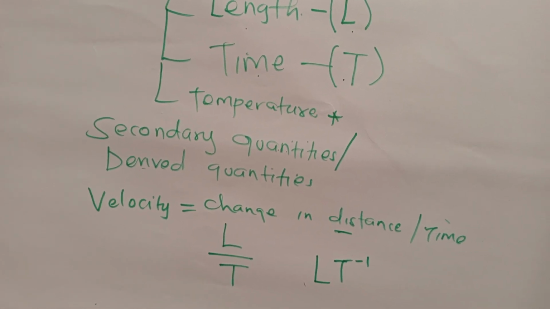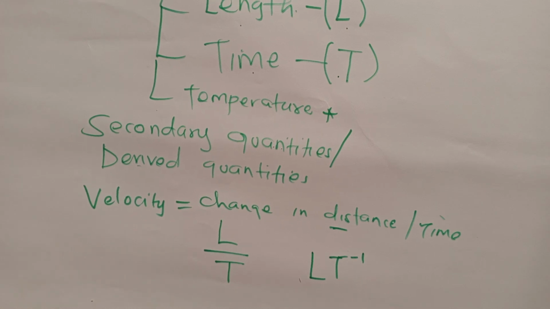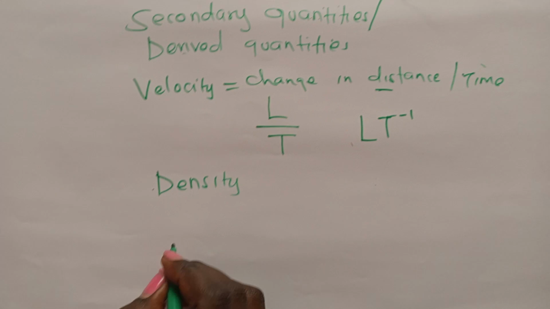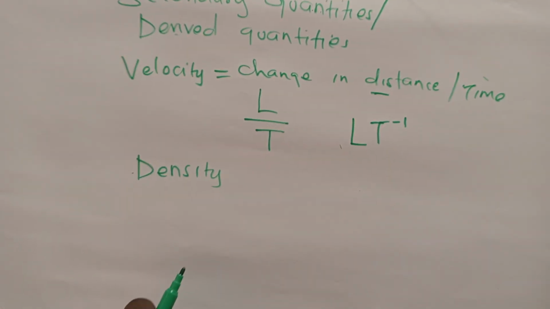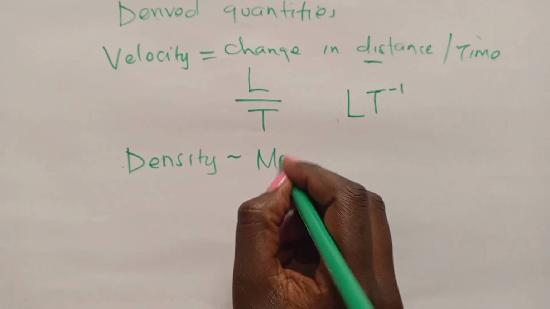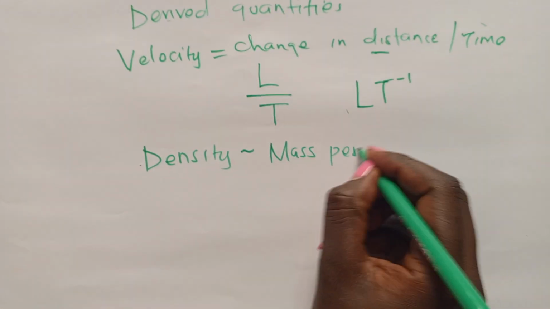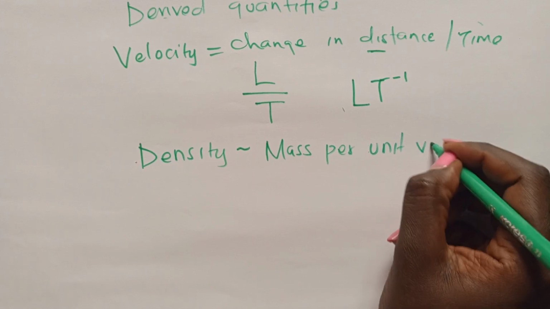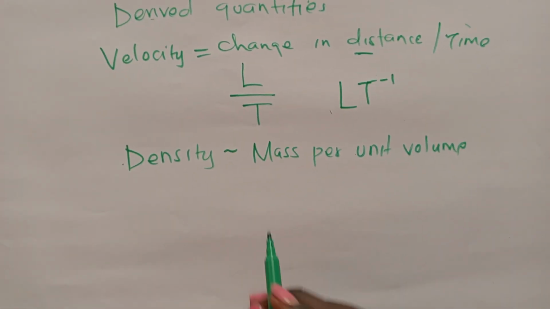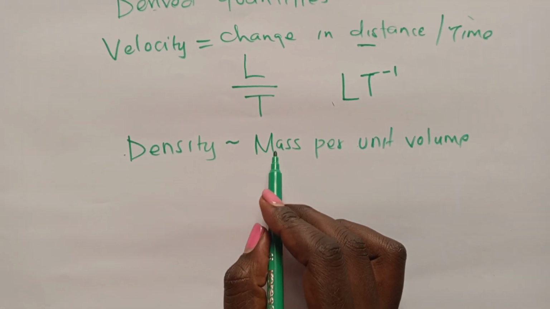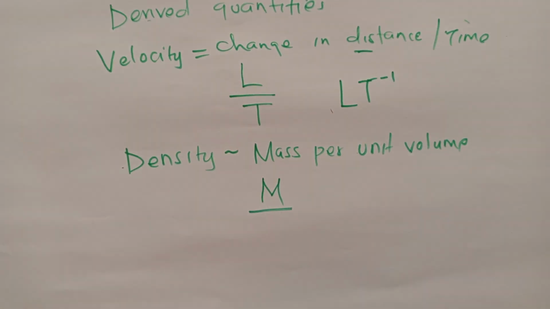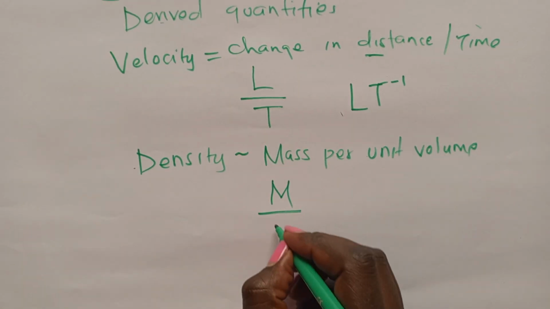That is it. Let's use another example, like density. By definition, we know that density is mass per unit volume. And mass, like we said initially, is denoted M. Per is like division, divided by volume.